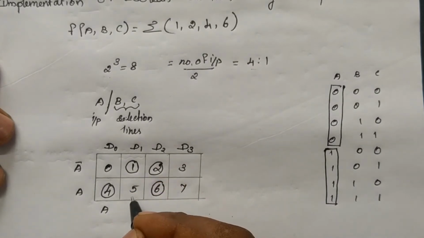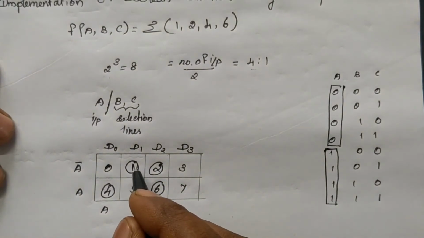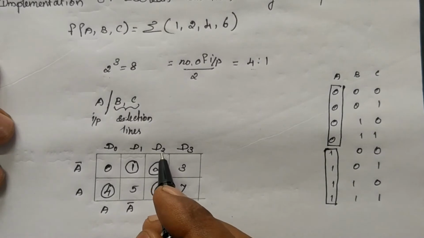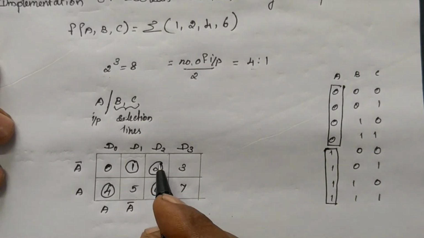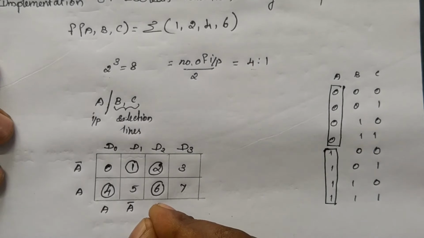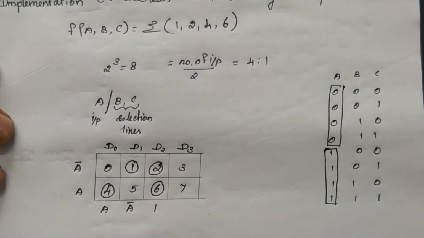Likewise in the second column we are having a circle at the first row, and that value belongs to a bar. In the third column both values are circled, and if both values are circled, that value is equal to 1.